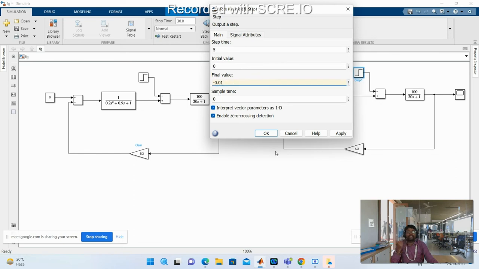One thing is you have to keep minus 0.01 as the final value of delta PD, the step change in demand. Minus 0.01 means the load is decreased by 0.01 per unit. That's the negative sign. Anything else?